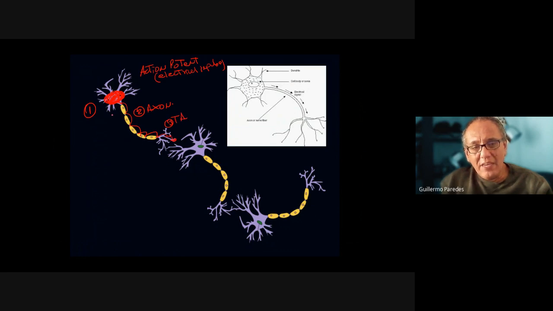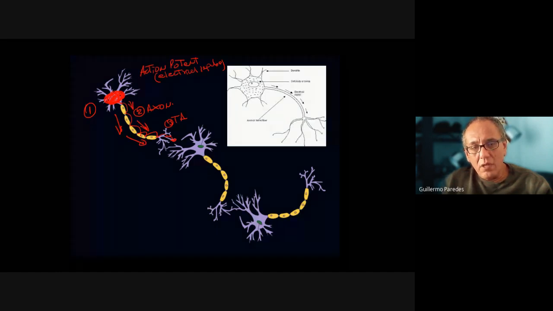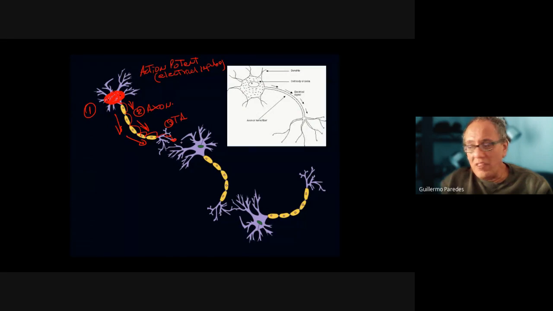Look at this. The electrical impulse is going in this direction, from the body to the axon to the terminal axon. When they reach the terminal axon, the electrical impulses continue to the next nerve cell through the dendrite.